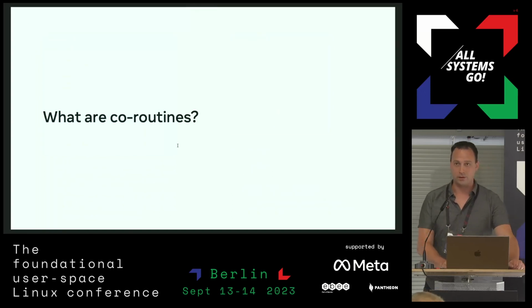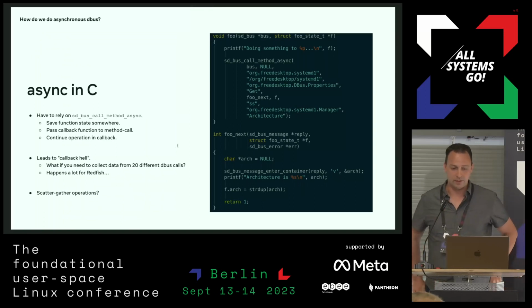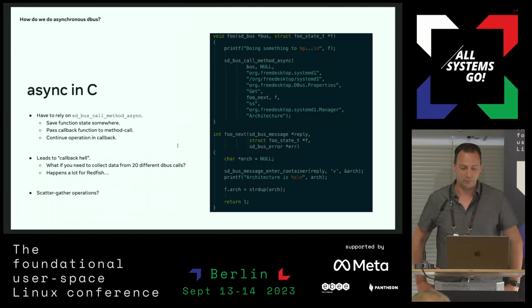So next, what are coroutines? For asynchronous dbus in C, which is what you may have to do if you're writing in the C language, there's a function called sd_bus_call_method_async. You can see the list of parameters you have to give there is quite extensive to make an asynchronous dbus call. One of the things you have to do is pass in the continuation function: what do you want to do when you get the async response back?